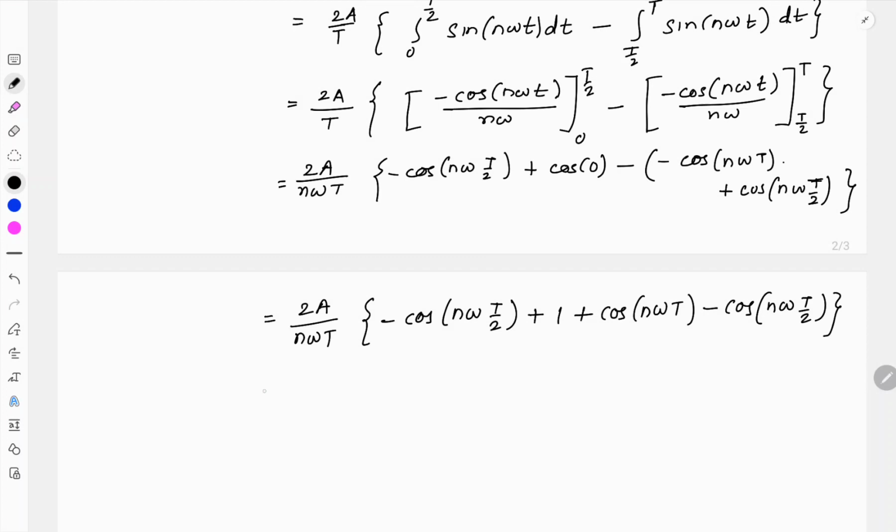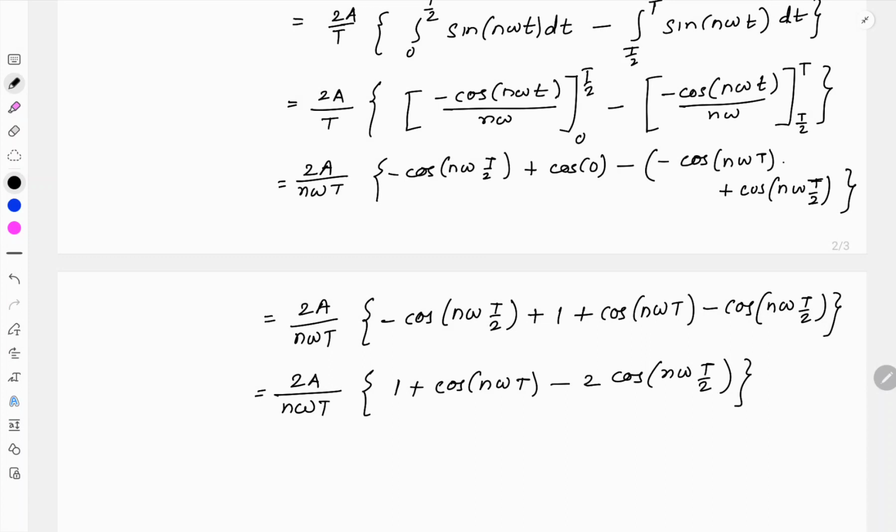So now if we simplify it further, we get 2a upon n omega t. So 1, we'll just rearrange the terms, 1 plus cos of n omega t minus, so minus cos of n omega t by 2 minus cos of n omega t by 2 becomes 2 cos of n omega t by 2.